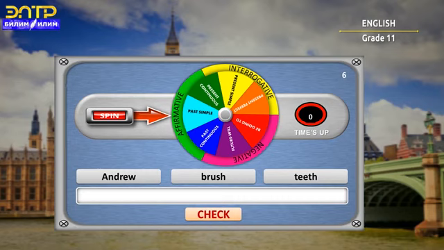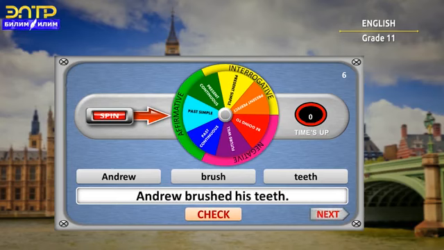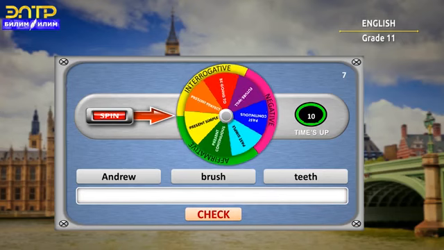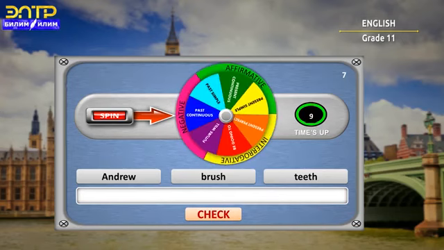The spin shows past simple affirmative sentence. Let's check. Andrew brushed his teeth. It is a past continuous negative sentence.